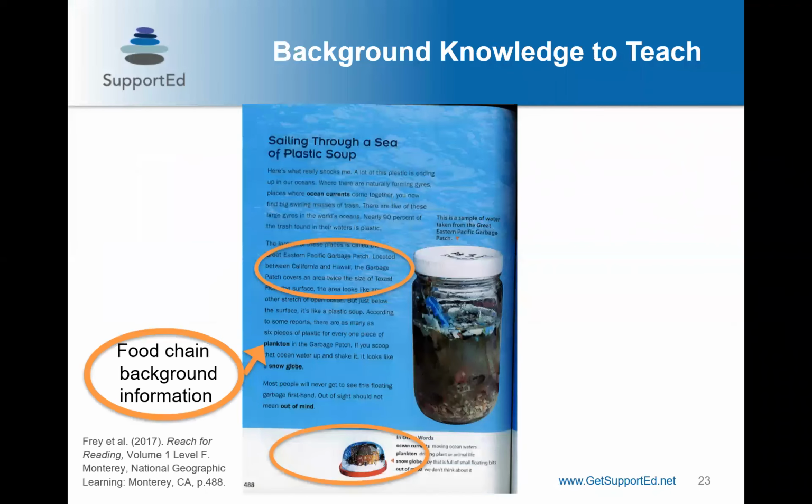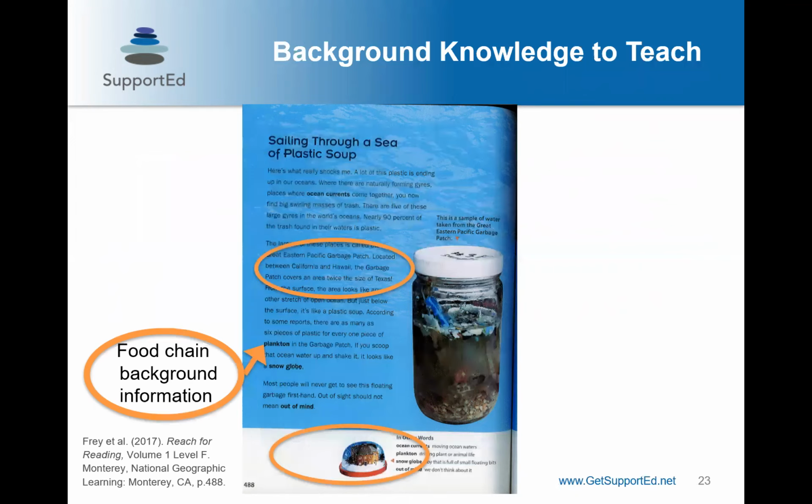All right, so now we're going to go into background knowledge. As I mentioned, it includes activating what students already have, which you might consider prior knowledge, right? And then also building on background knowledge or schema. I've circled 3 different things here that might be potential areas for background knowledge to teach.